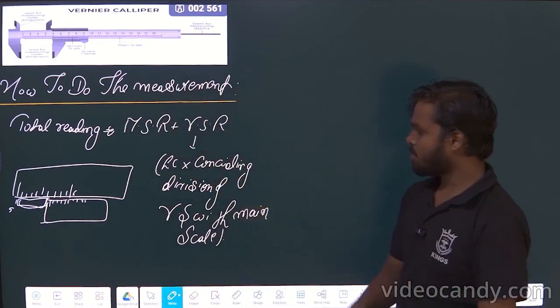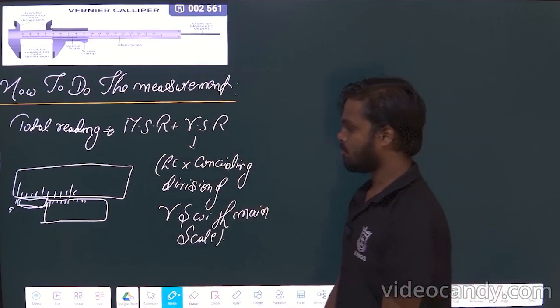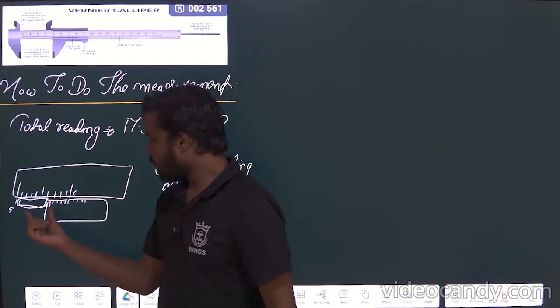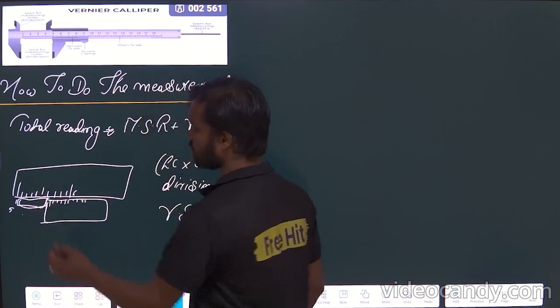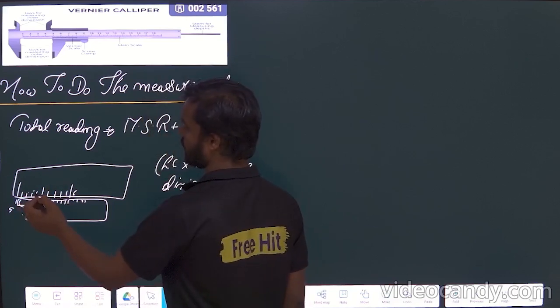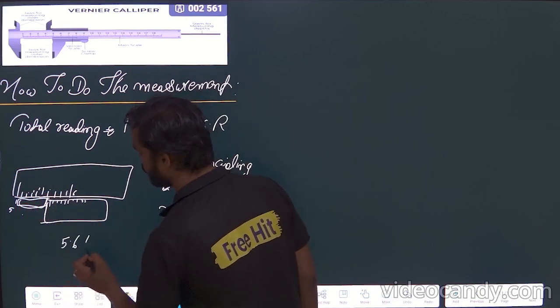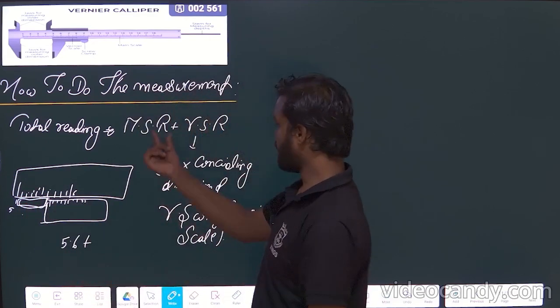So now how to do the measurement, sir? How we can measure? First, what is visible from this, you directly write from the main scale. See, this is 5. I have written that as my main scale reading.